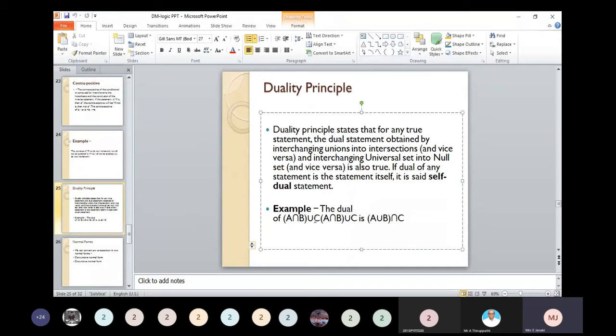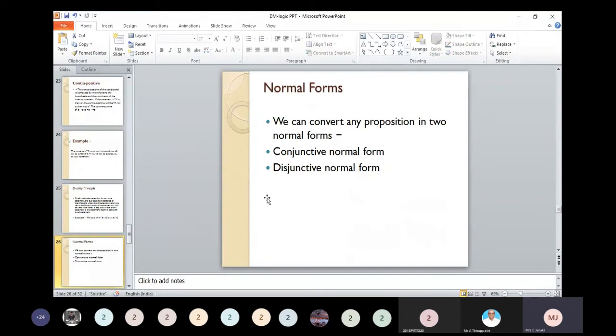See, the given statement is A intersection B union C. So now take down the dual of this one. The dual means interchange. Intersection will be union and union will be intersection. So the answer is A union B intersection C. This is the dual form of the given statement.